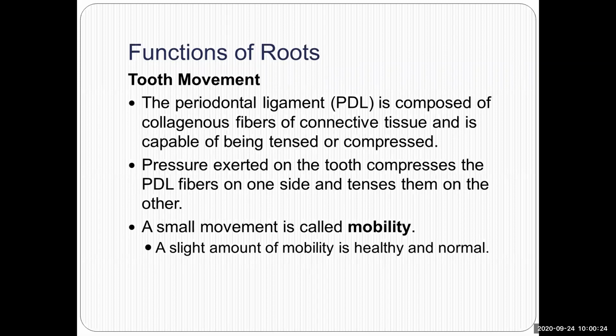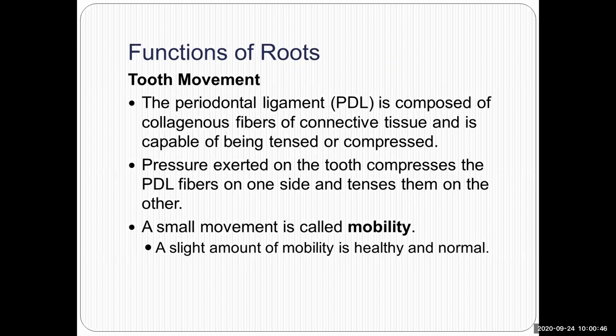So one side gets stretched and another one gets shrunk a little bit. A small movement is called mobility. Our teeth are not ankylosed. We have this microscopic movement to help displace the forces of chewing. And a slight amount of mobility is healthy and it's normal.